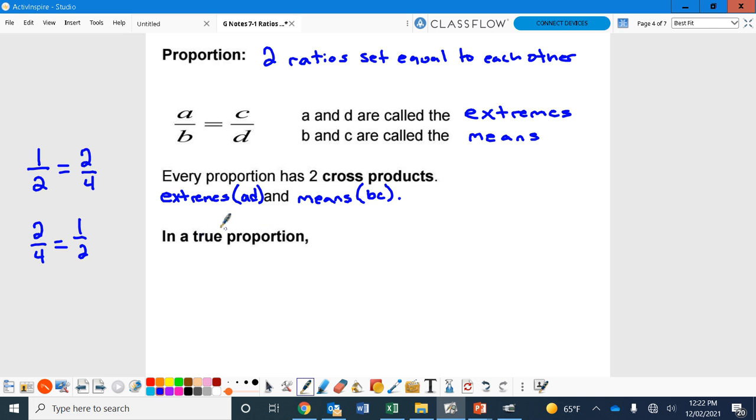So anytime you have a true proportion, the extremes have to equal the means. If you multiply A times D, that has to equal B times C. We're going to use that to solve with, so that's a big deal.